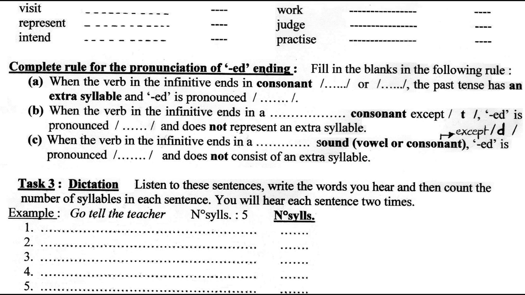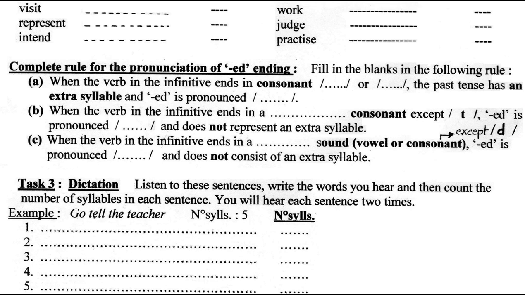So we start with A. When the verb in the infinitive ends in a consonant, we have a gap or another gap. So what do you think? We have seen that in the previous task.